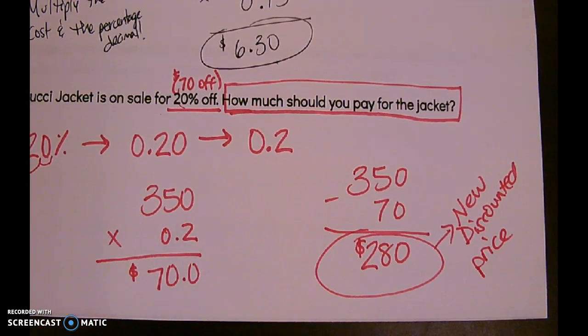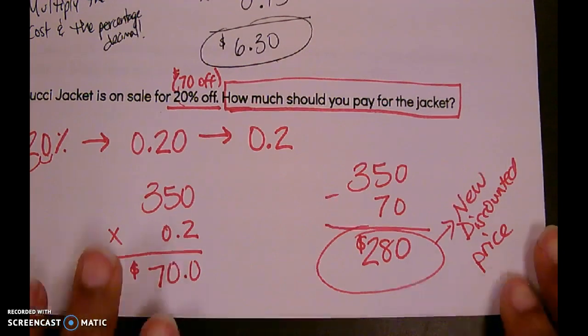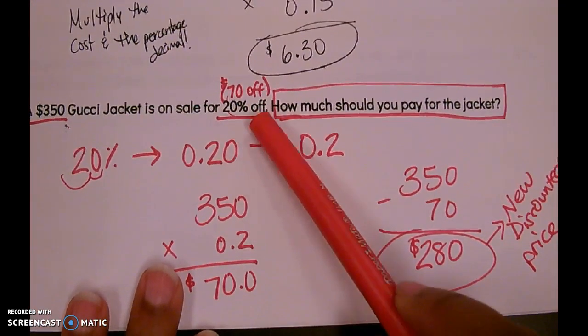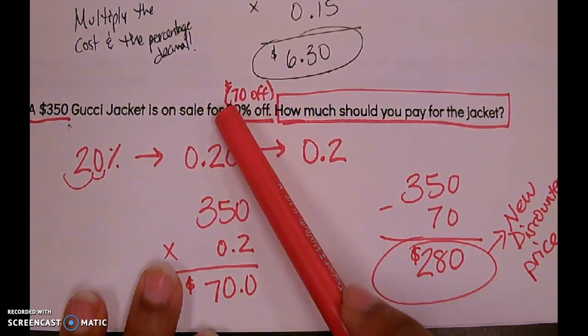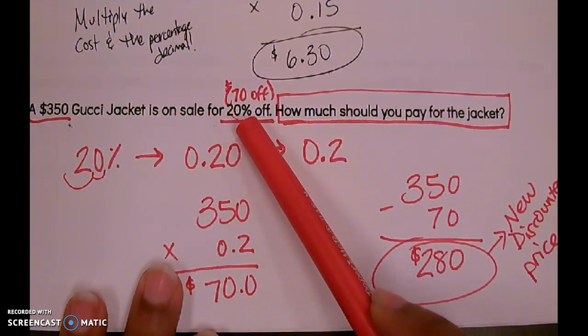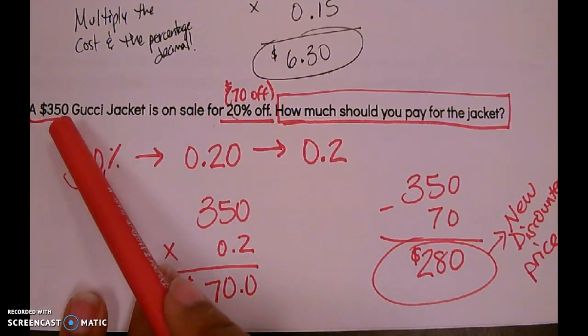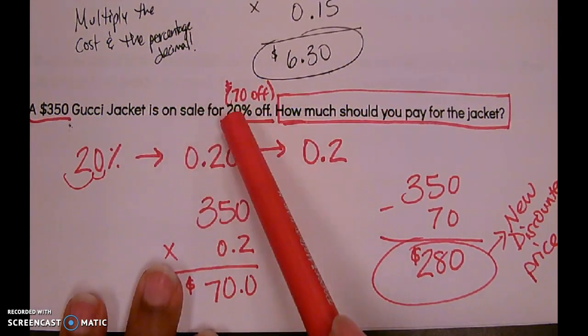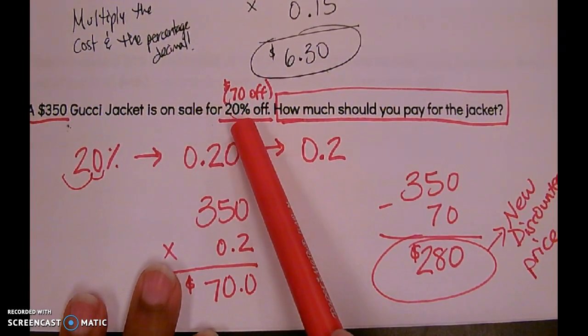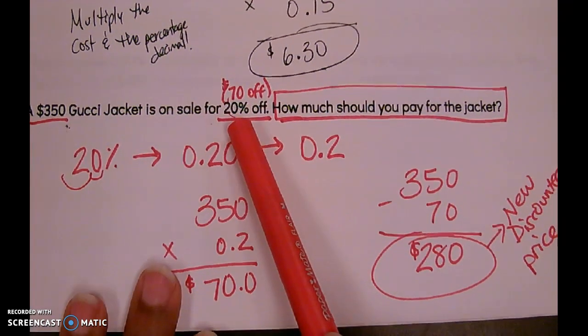Now, before you move on, let me state this. Please remember that when we see percent off, this percent is just talking about how much of this number we are talking about. So we never want to look at the percent as an actual number.